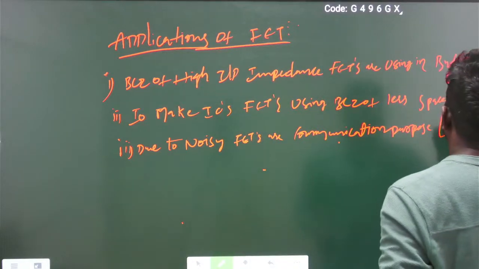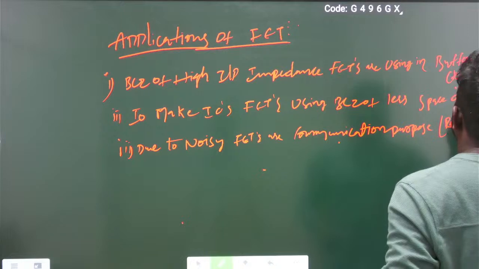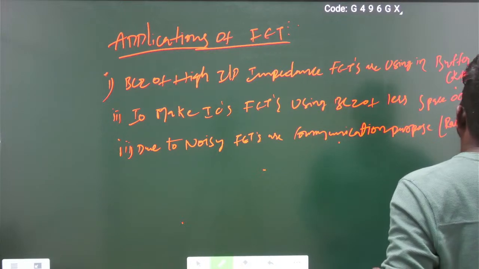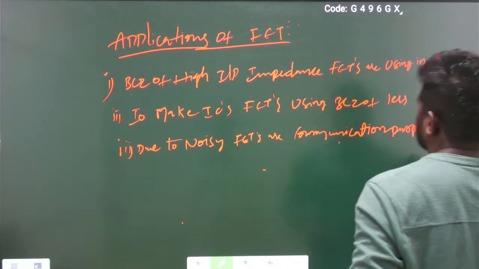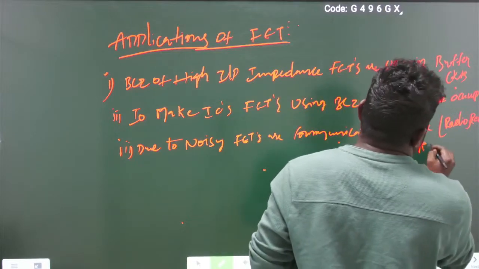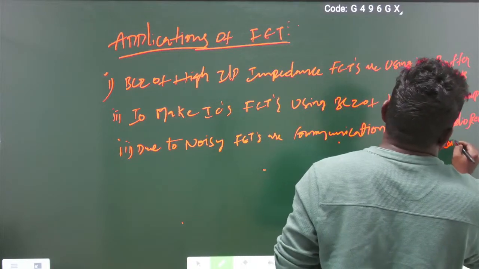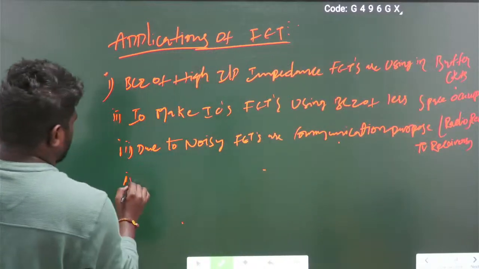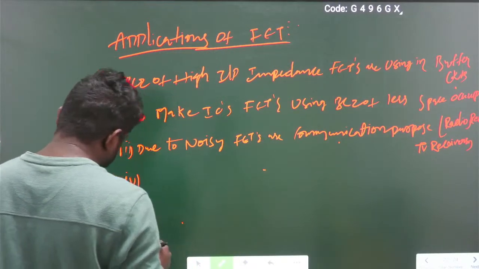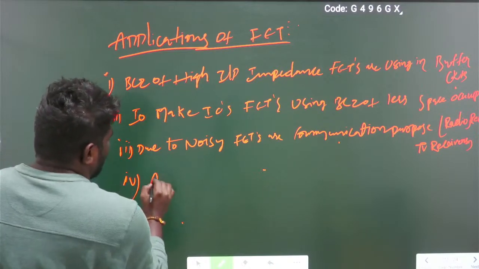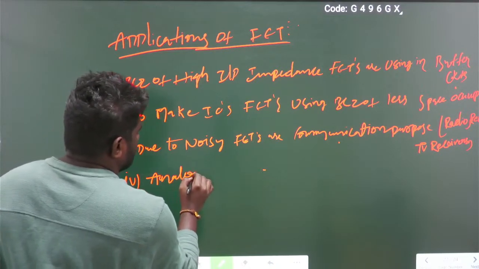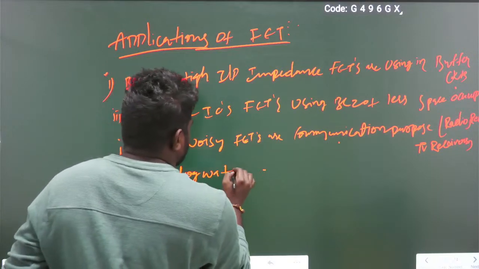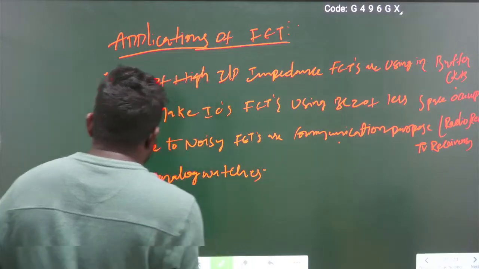Nothing but radio receivers and TV receivers. Okay. So the fourth point is analog watches. In analog watches also we are using the FETs.